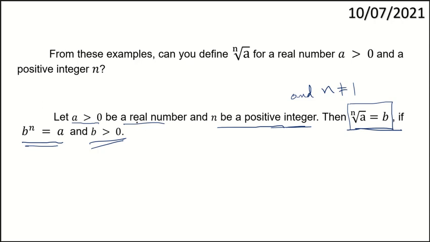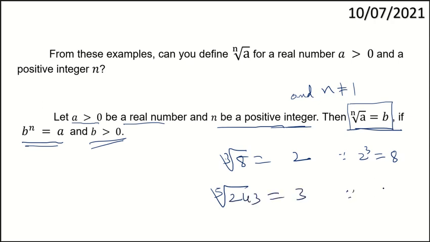Mathematically, you have already seen the cube root of 8 is 2, since 2 cubed equals 8. The fifth root of 243 is 3, since 3 to the power 5 is 243.